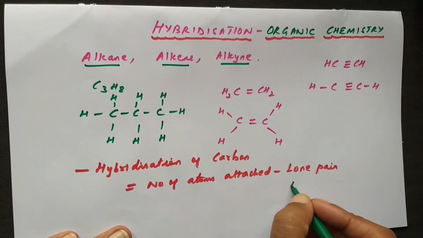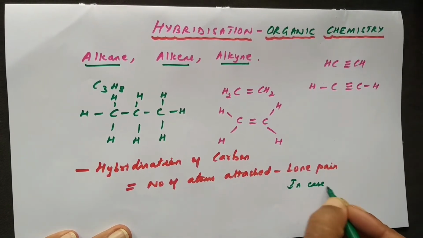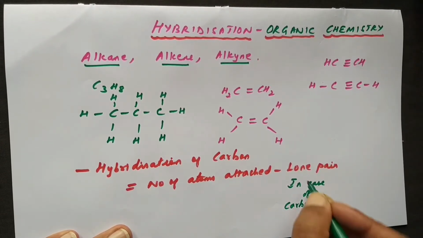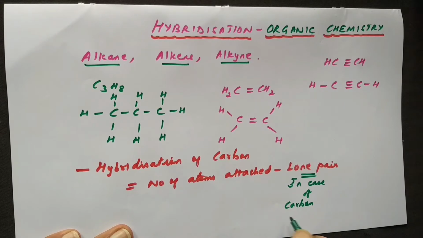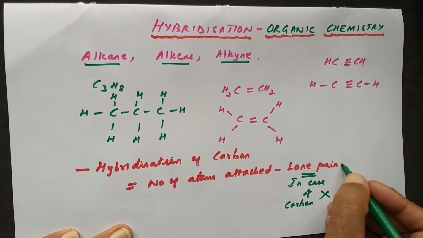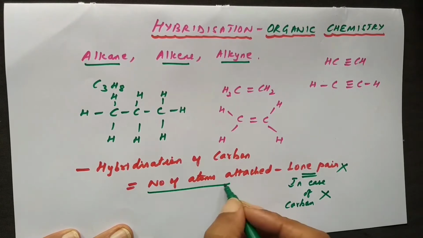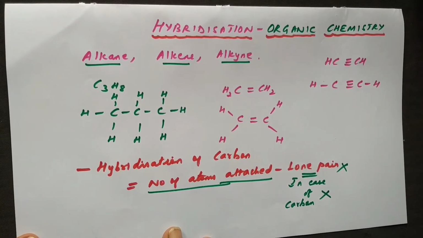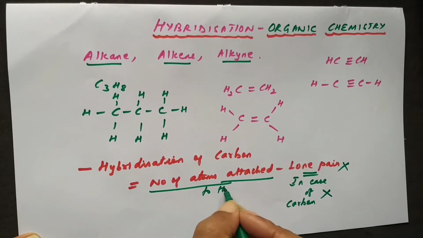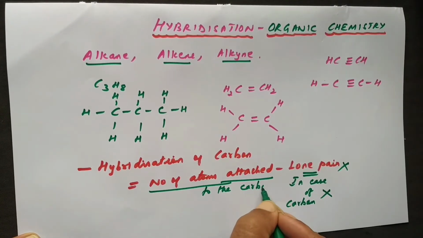But in case of carbon, there is no need to consider the lone pair. In most cases the lone pair is absent, so only if you check the number of atoms attached to the carbon, it is more than enough.